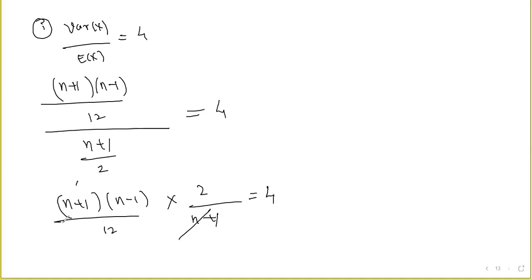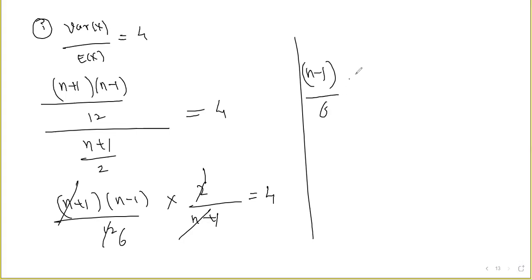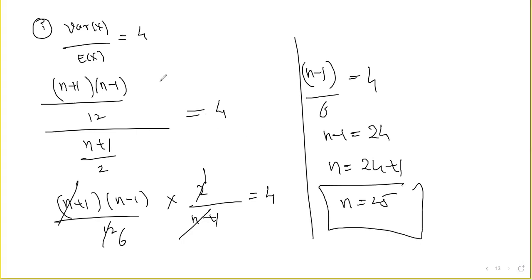So n plus 1, n plus 1 get cancelled. 2 ones are 2, 6 twos are 12. So here we have n minus 1 by 6 equal to 4. So n minus 1 equal to 24, right? So n equal to 24 plus 1, that is n equal to 25. So whenever the ratio of variance of x to the expected value of x equals 4, then we have n equal to 25.